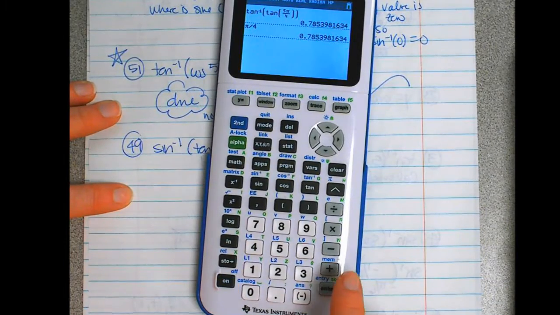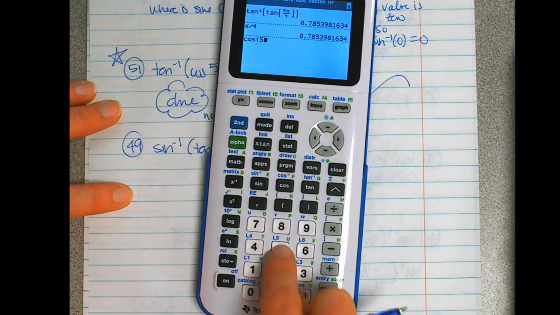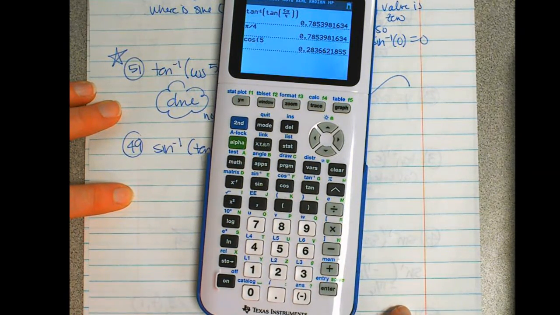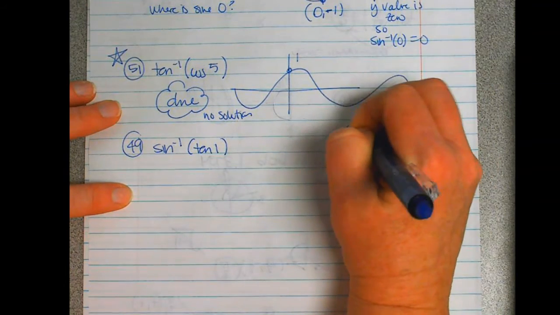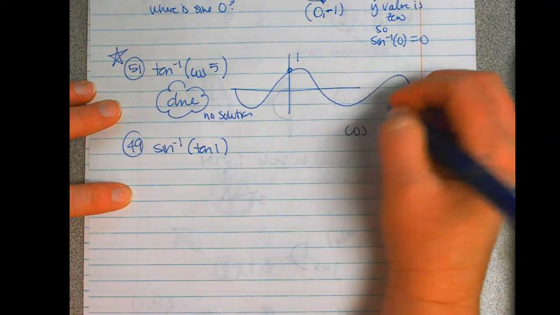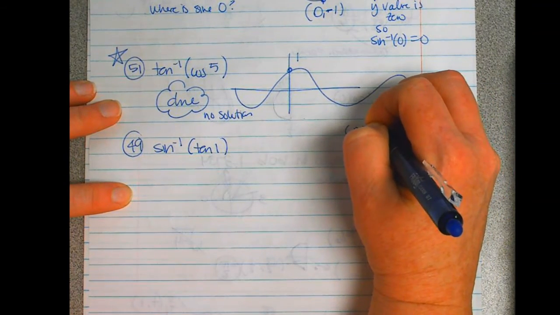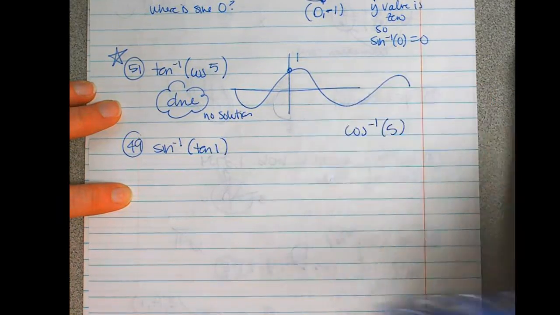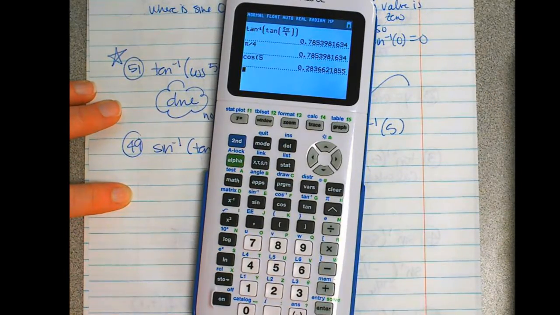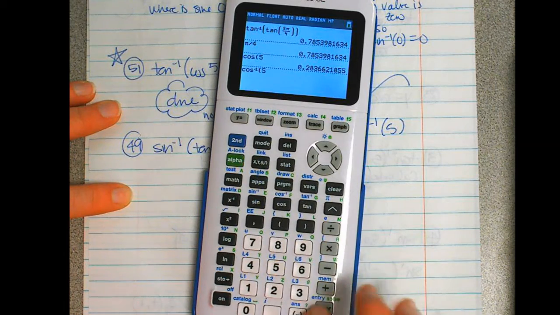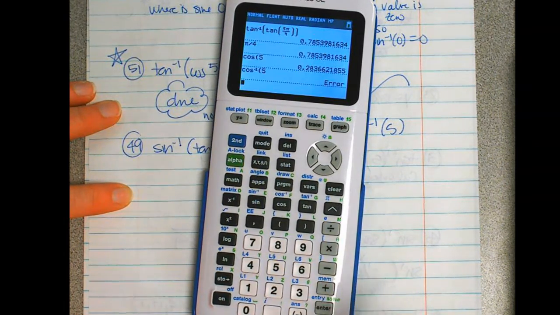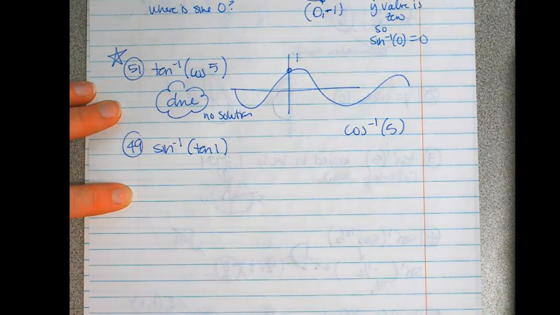Oh, cosine inverse doesn't exist. That's why there's a star there. Cosine inverse of 5. I was so focused on the 5. Cosine doesn't exist. I was looking for the angle.